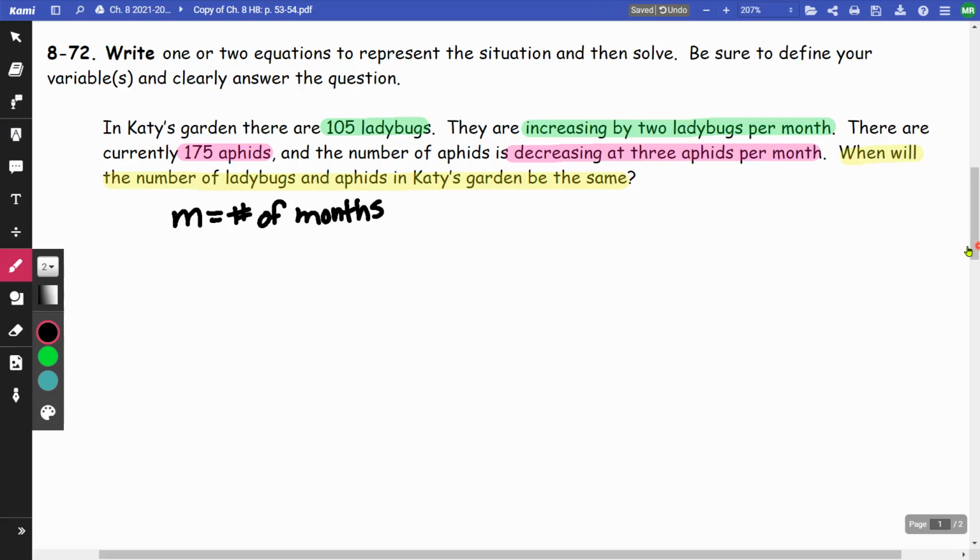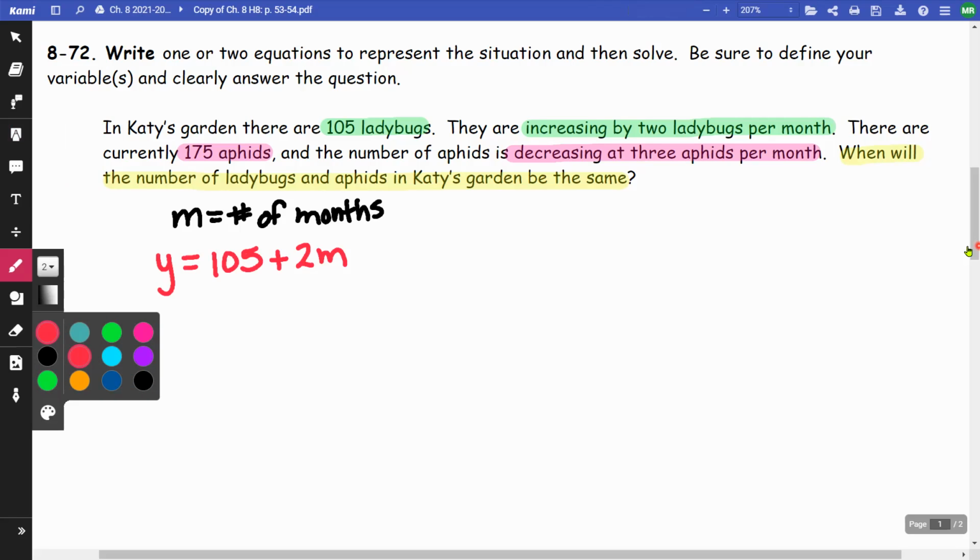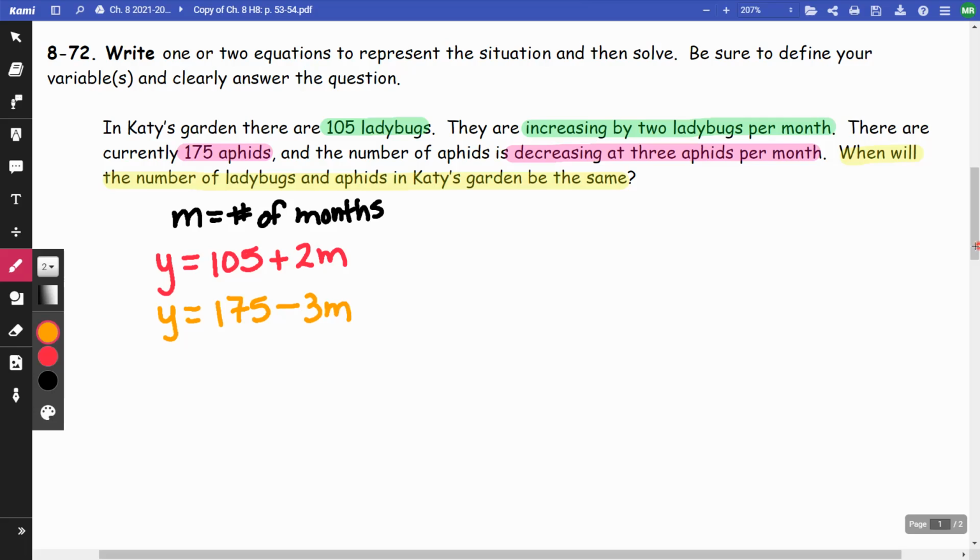So I'm going to be writing one equation for ladybugs. For my ladybugs, I'm going to start with 105 ladybugs. We are increasing by 2 per month. Okay, that's my ladybugs. Now the aphids, I'm going to be starting with 175, and they're decreasing by 3 per month.